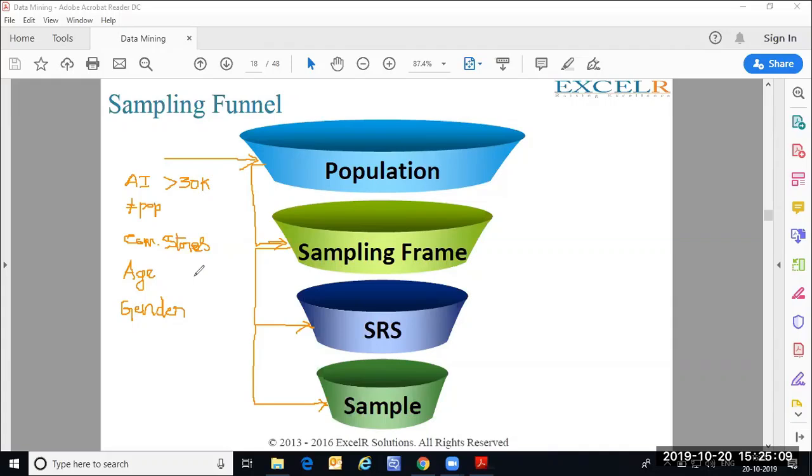No, right? And that's where the sampling technique has got its importance. Simple random sampling is a very powerful technique in terms of randomly selecting the observations.